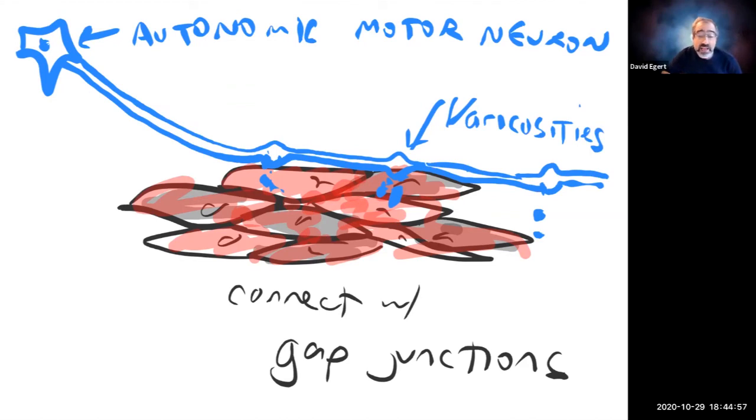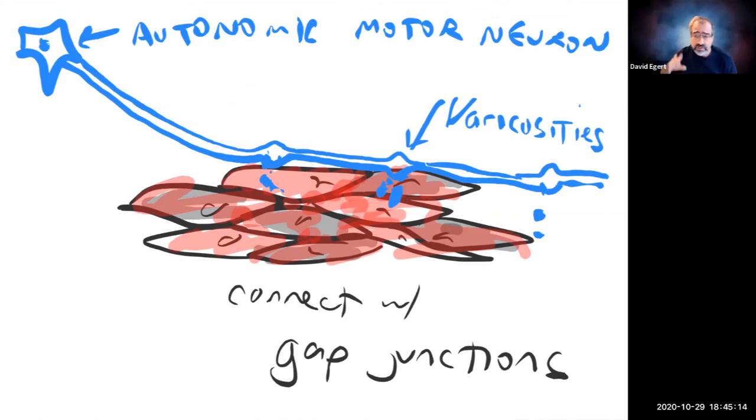Rather than have this really distinct neuromuscular junction, instead they have these little swellings called varicosities that release the neurotransmitter over the whole group of cells.